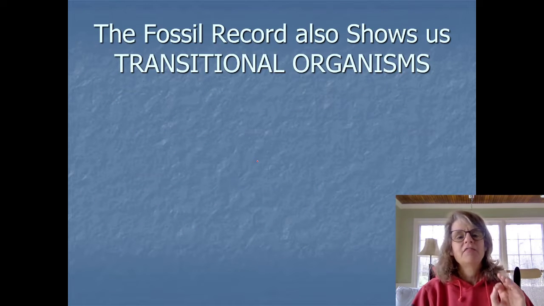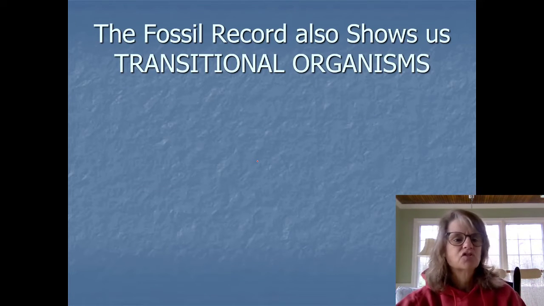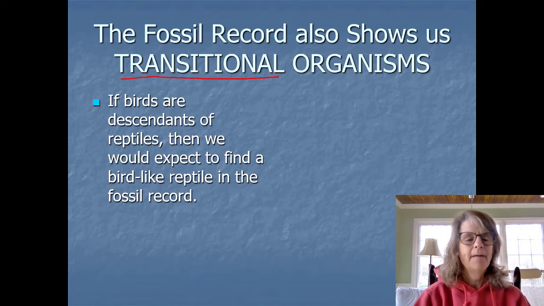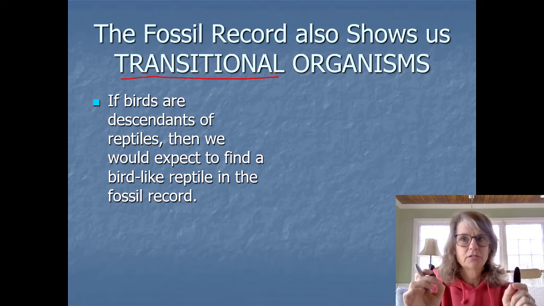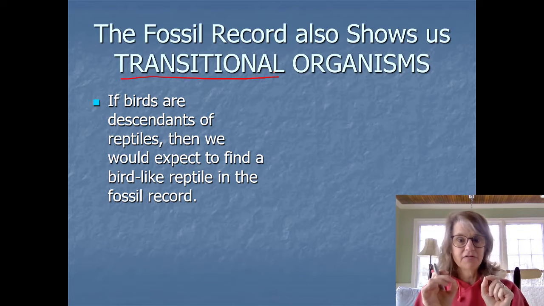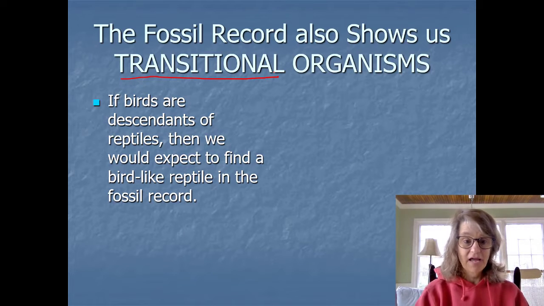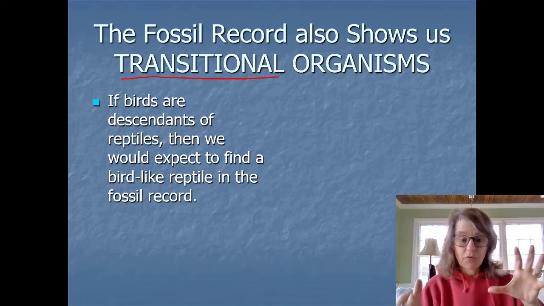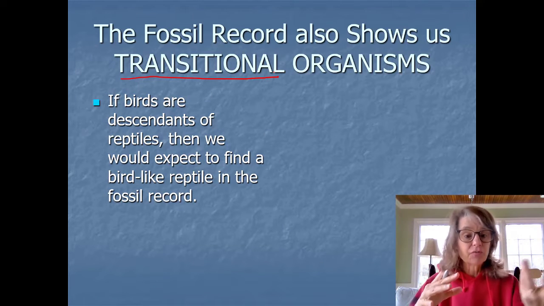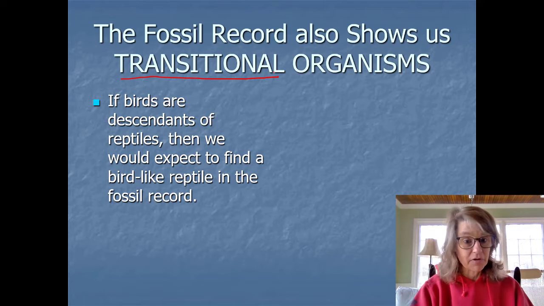So the fossil record also shows us something really interesting, and that is transitional organisms, okay? If birds are descendants of reptiles, which they are, then if that hypothesis is correct, we would expect to find somewhere in the fossil record a transition form between those two, an organism that had both reptile characteristics and bird characteristics.